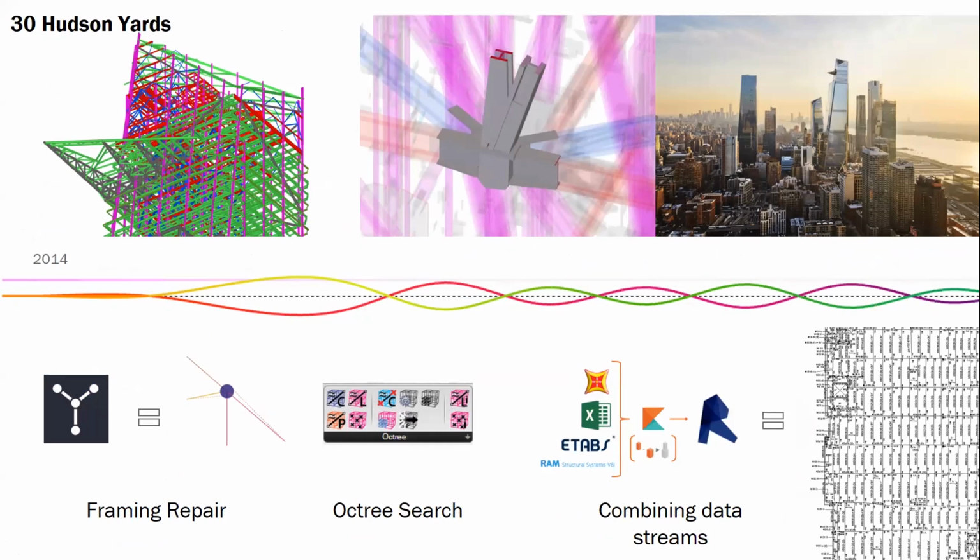I was speaking with one of the CAD people working at Thornton Tomasetti at the time, and he said that having those streams combined saved him about one month of work. That's a huge amount of manual labor that we were able to remove simply through 3D visualization and 3D comparison.